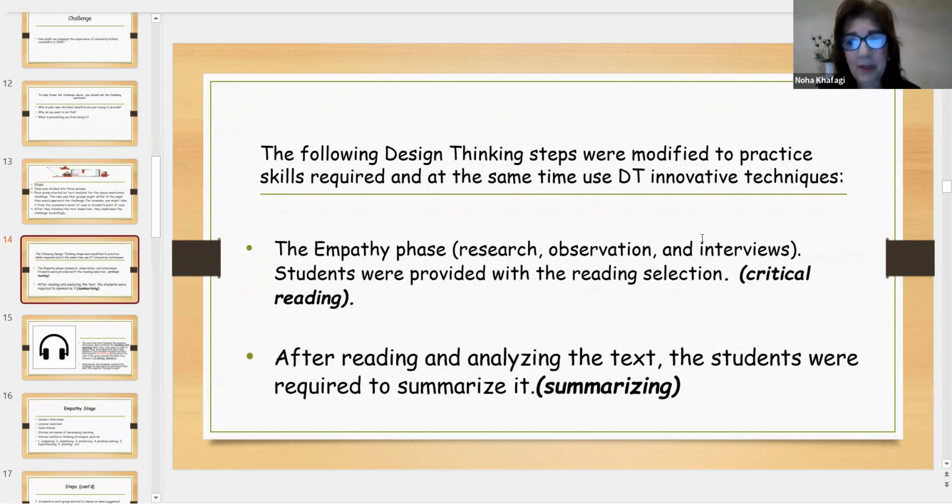And it could be applicable both face-to-face and online. And this is critical reading. And I will share with you the program exactly. After reading and analyzing the text, the students were required to summarize it. So here they're also reading, they're summarizing, and they're also going out and doing interviews.